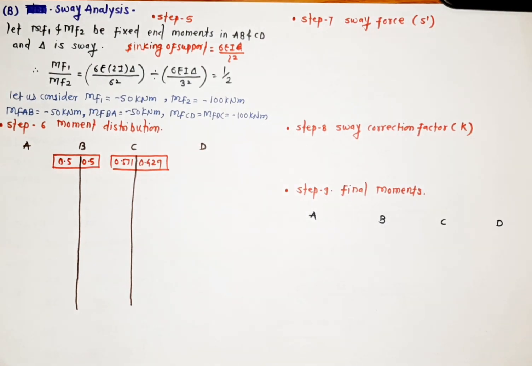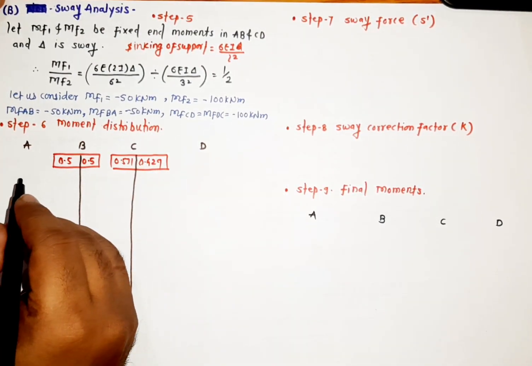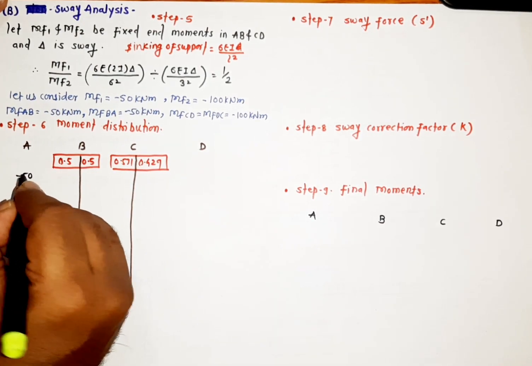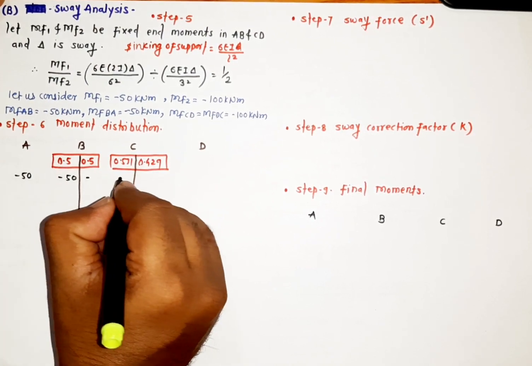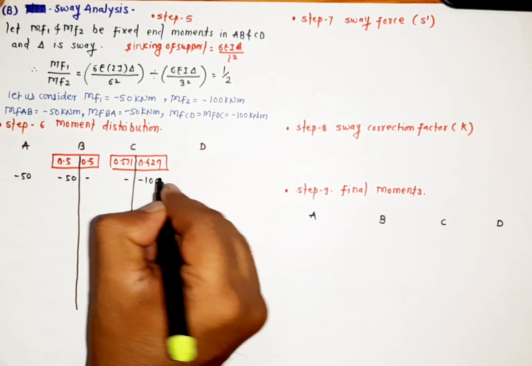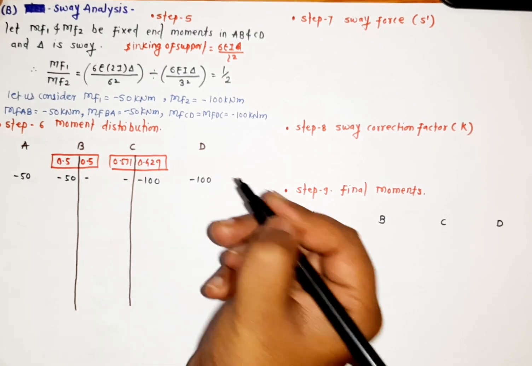Now the fixed end moments, yes, we have to use these. So AB it is minus 50, BA is also minus 50, BC doesn't have anything, CB also doesn't have anything, but CD, yes, minus 100 and DC also minus 100. Now we have to transfer.